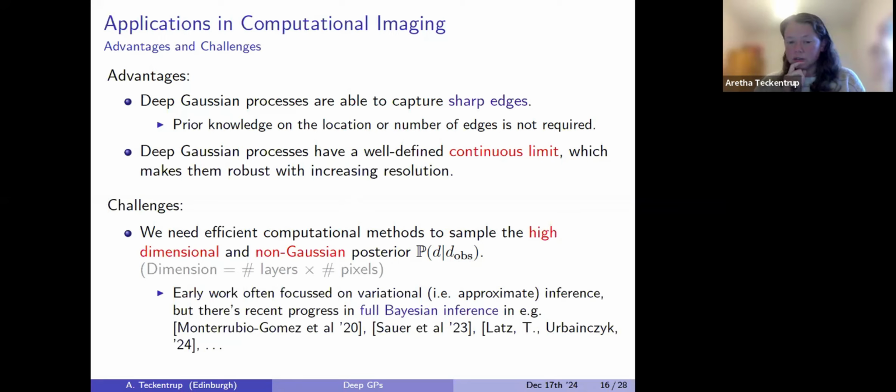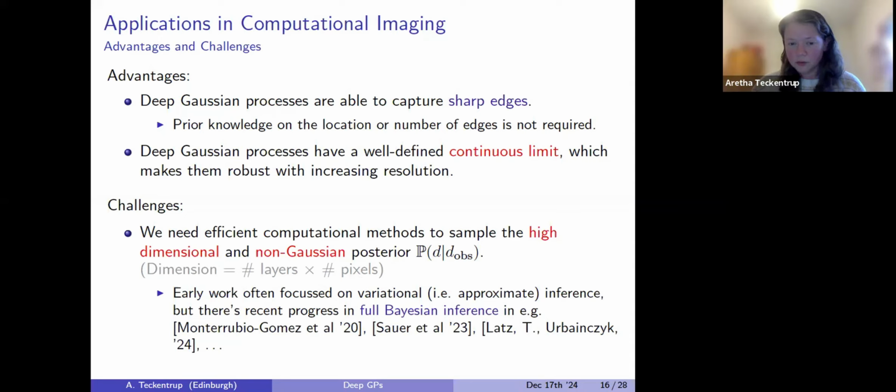And the challenge is that this is very high dimensional, right? So the dimension here is the number of pixels times the number of layers in the deep Gaussian process. In terms of the number of pixels, even if you just have a very simple image that's just 128 by 128 resolution, which is a very small resolution nowadays, you're already at 10 to the 5 in terms of the dimension.